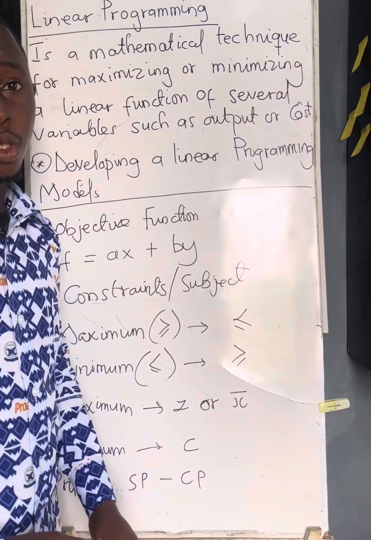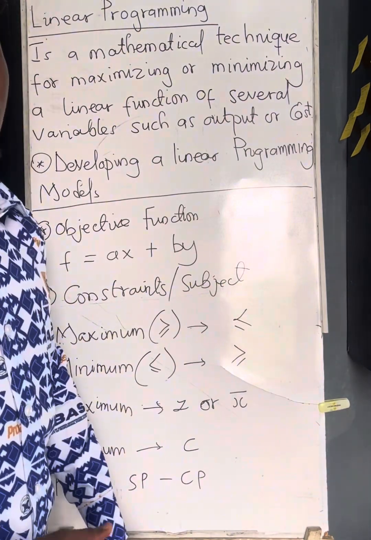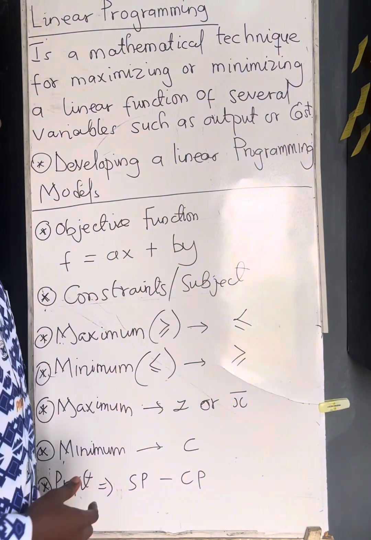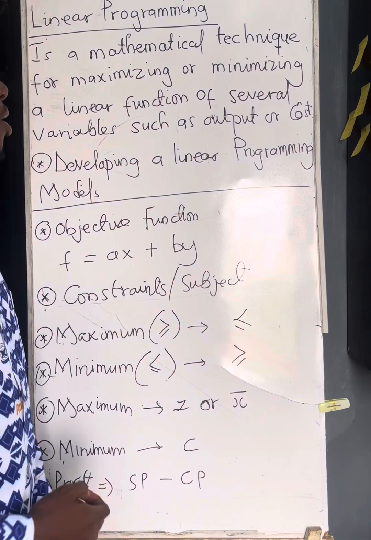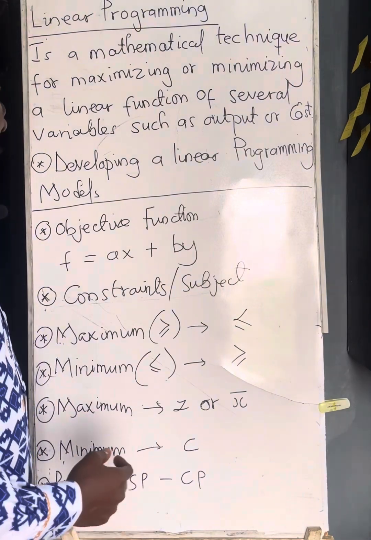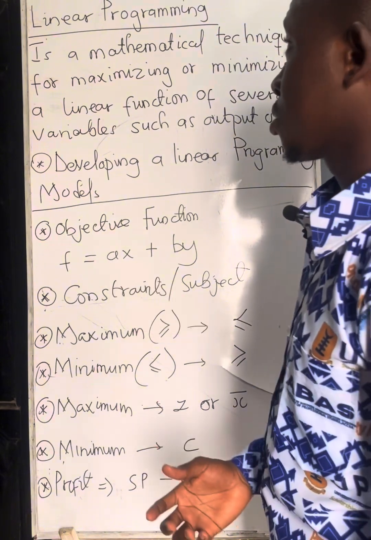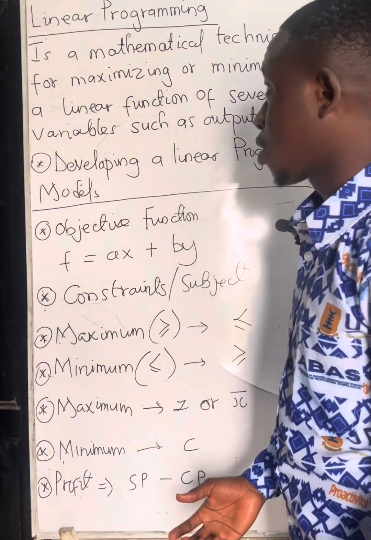So basically, today we are going to continue with our quantitative methods. The topic we are going to treat today is labeled linear programming. Now one would ask, what then is linear programming?